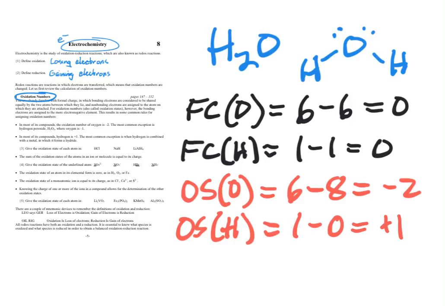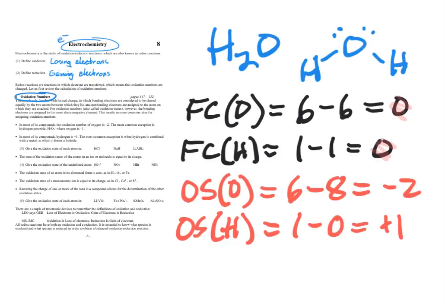So there are similarities in that you start with the group number for both calculations. The difference is in how you count the number of electrons surrounding any one particular atom. Now, another commonality you should have picked up on is that the sum of the formal charges, for example, 0 and 0, right, that adds up to 0, which accounts for the total charge on the molecule.